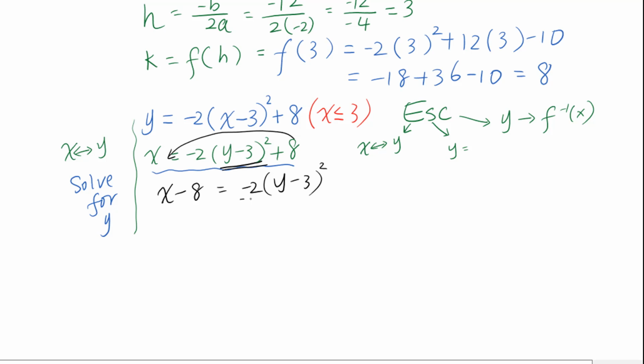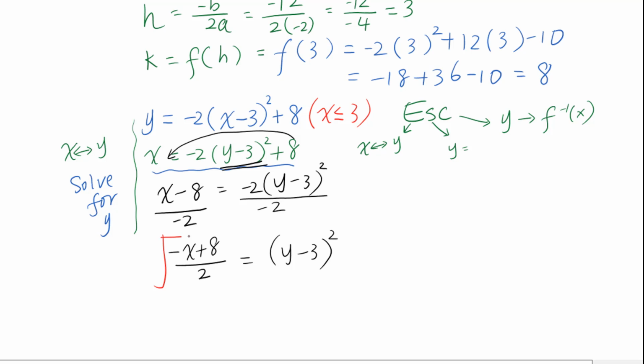Then we divide by negative 2. You will get negative x plus 8 over 2. Remember, the negative number cannot be the denominator, so every single term changes sign. We get negative x plus 8 over 2 equals (y minus 3) squared.